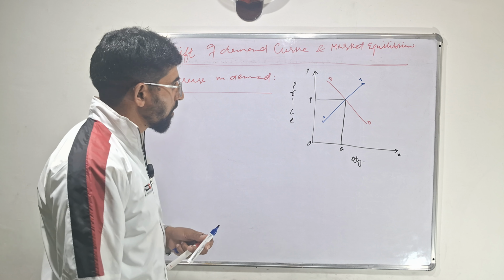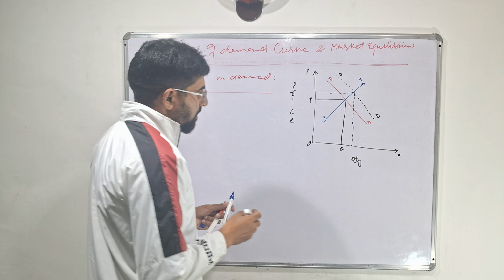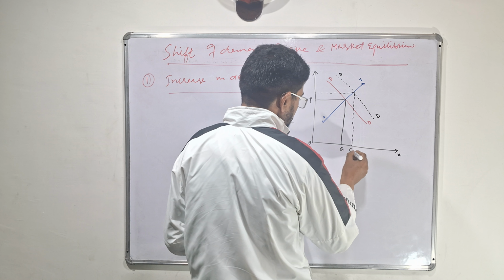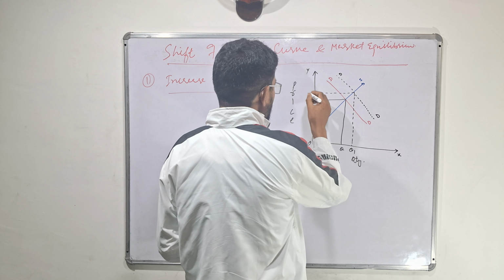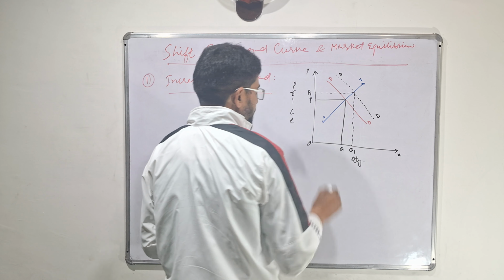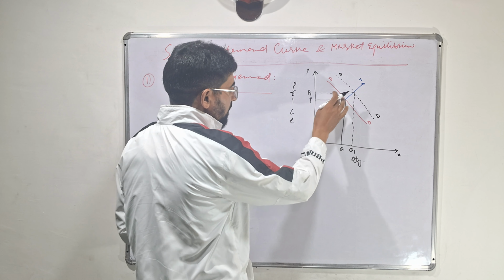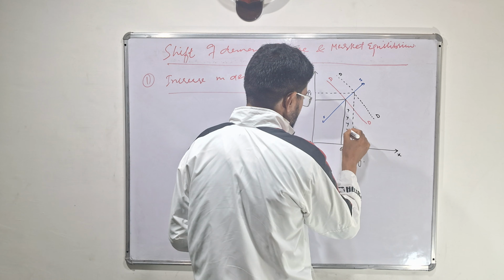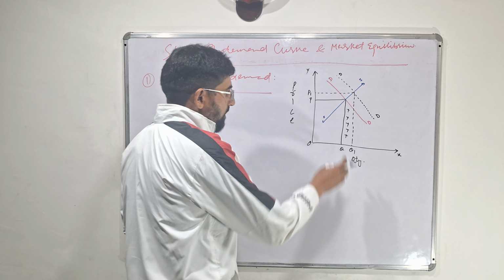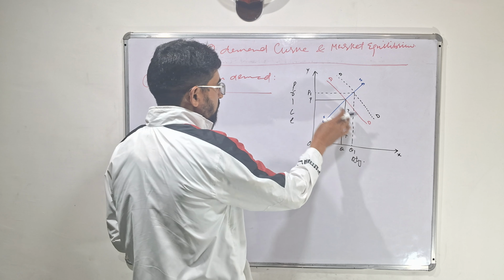When quantity demanded increases, definitely the demand curve will shift rightwards. Quantity demanded will increase from Q to Q1, and this will lead to an increase in price from P to P1. It means the increase in demand will lead to excess quantity demanded, this portion. Due to excess demand, definitely there will be a rise in price.